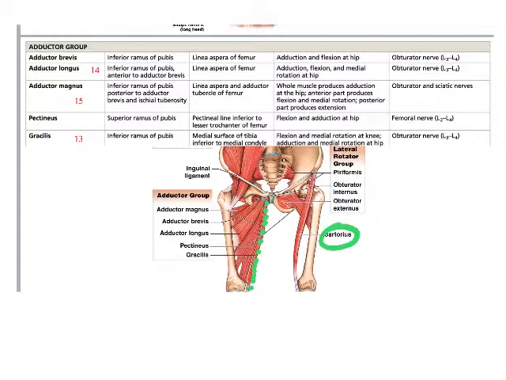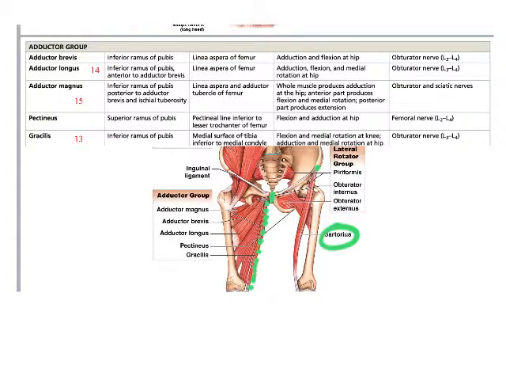You want to make sure that you keep them separate when you're studying, because they're both long, thin muscles, but one of them is very much medial and attaches near the pubic symphysis, and the other one is very much lateral and attaches to the anterior superior iliac spine.